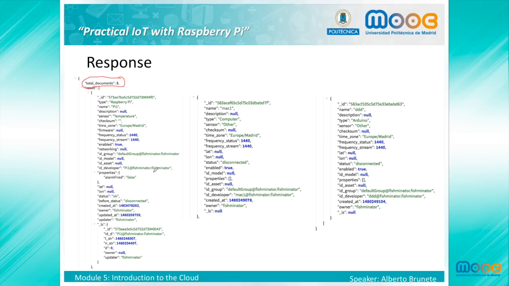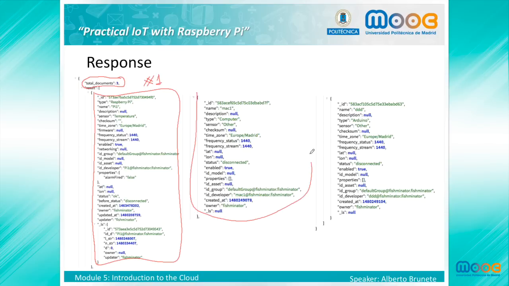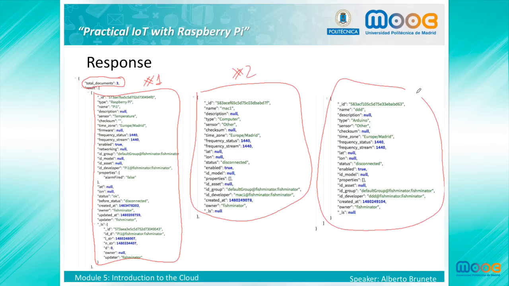Each of these is a device. So this belongs to device number 1. This to device number 2. And this to device number 3.